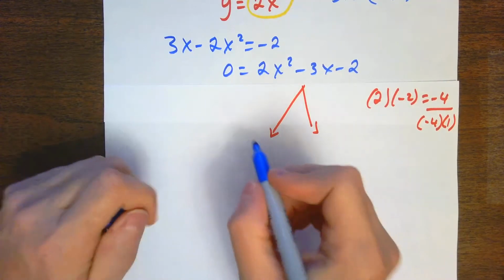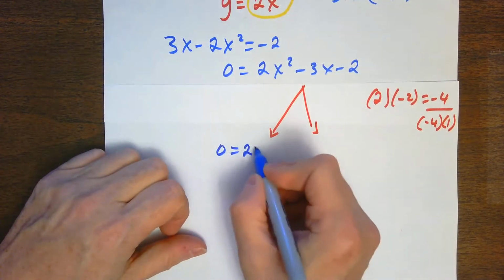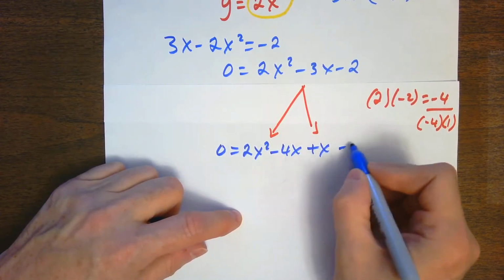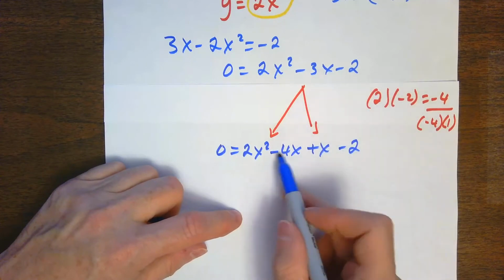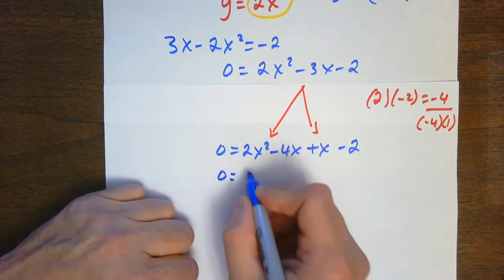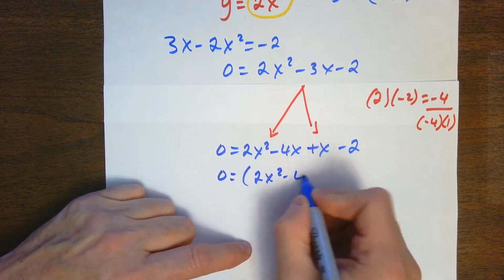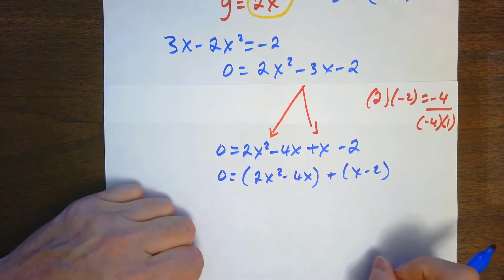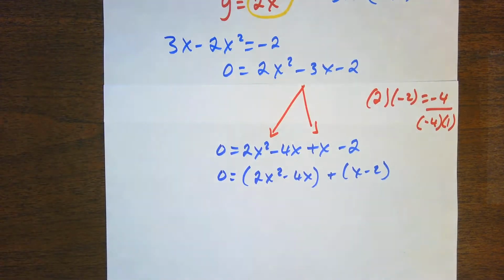And I'm going to get 0 equals 2x squared minus 4x plus x minus 2. So the negative 3x became a negative 4x and a positive 1x. Group the first two terms together, the second two terms together. This is all from our factoring chapter, isn't it?